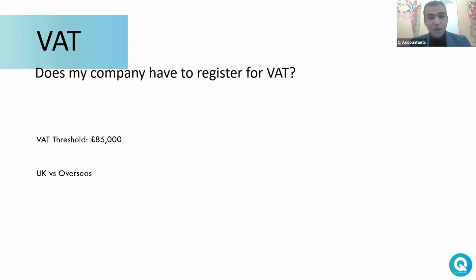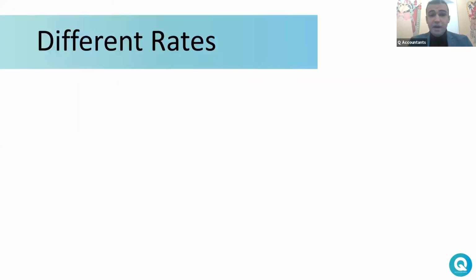You're paying for rent, you're getting a laptop, you have other equipment to buy. What about the VAT on them? If you're registered for VAT, you can claim that VAT back. So that can be beneficial. It may still be worthwhile looking into registration if your sales are not £85,000.